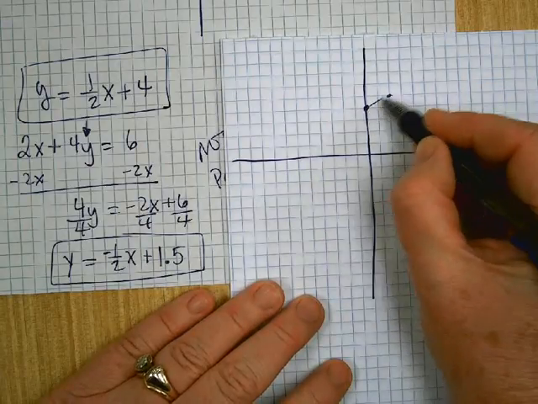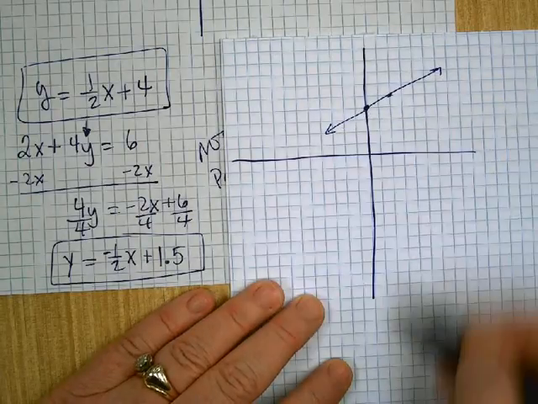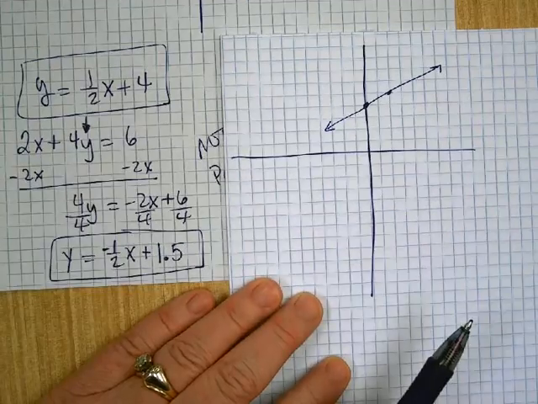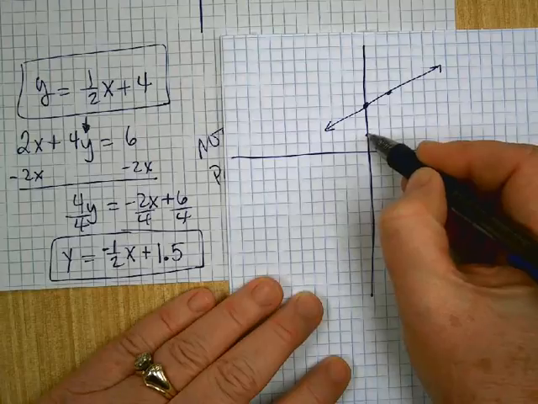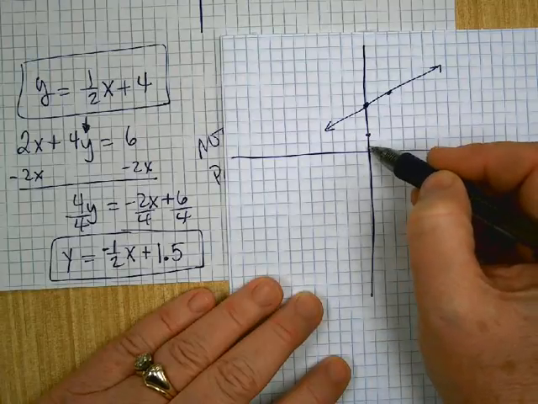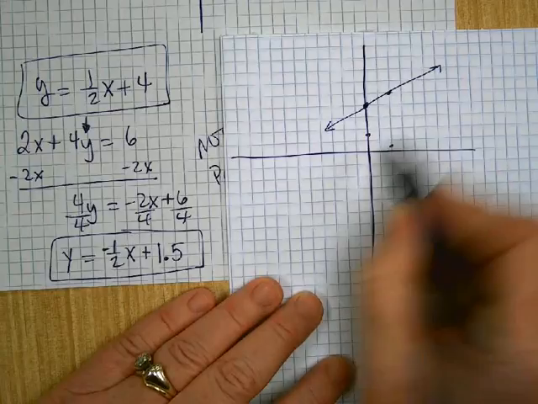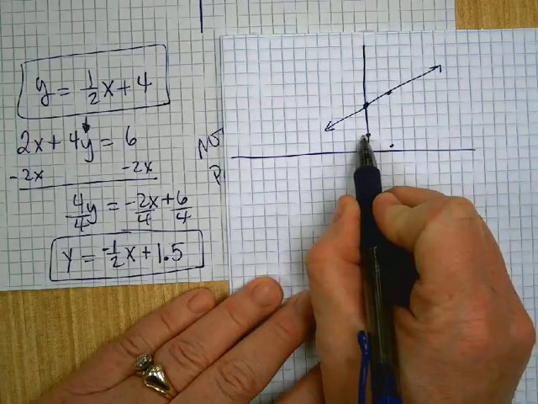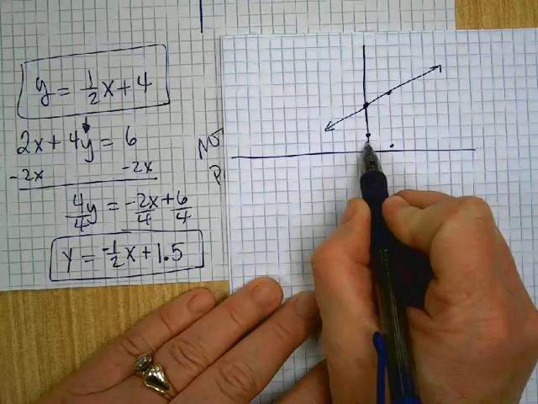Okay. Second one, where does it cross the y-axis? And its slope is, so go down 1 over 2. Since I started at 1.5, when I go down 1, I'm at 0.5. So I'm not on a perfect grid line.